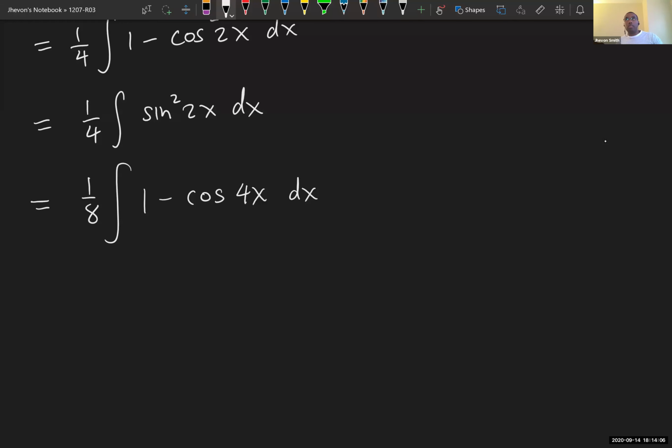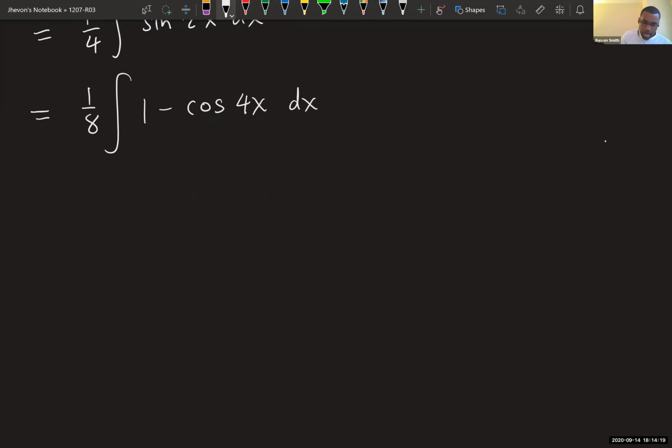If you apply the double angle formula and the angle is 7x, it'll go to 14x. It doubles whatever the angle is. So the angle now becomes 4x. And so now we know how to deal with that. That's just x minus 1/4 sine 4x.